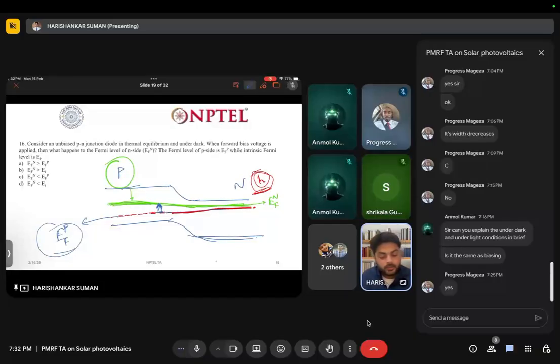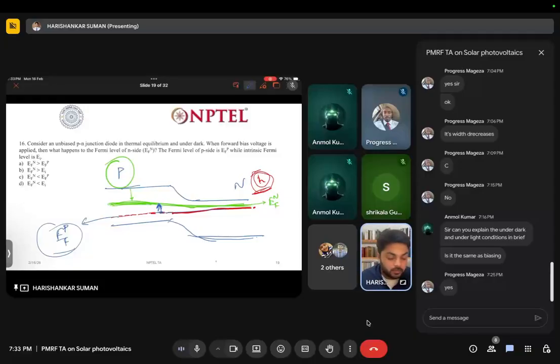Think and check. The Fermi level just tells you about the concentration of charge carriers. According to the concentration of charge carriers, it will go up and down. Please search for the quasi Fermi levels for solar cells.